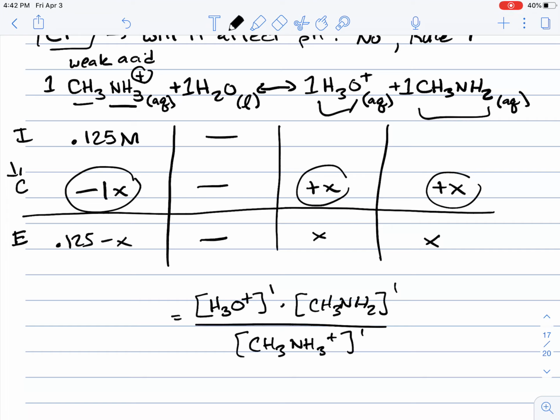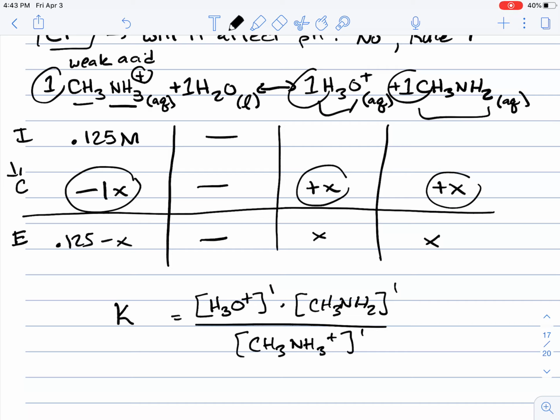Okay. The coefficients are 1, 1, 1, 1. And so therefore, everything is raised to the first power. Now, all of this is going to equal some type of equilibrium constant.